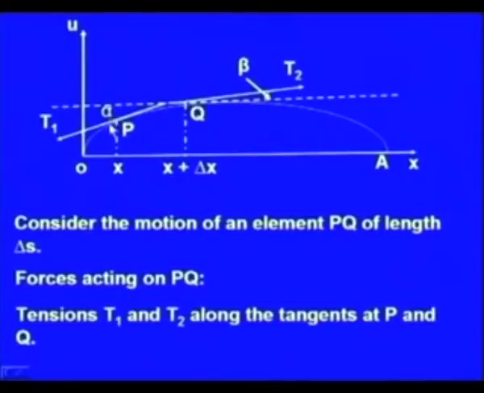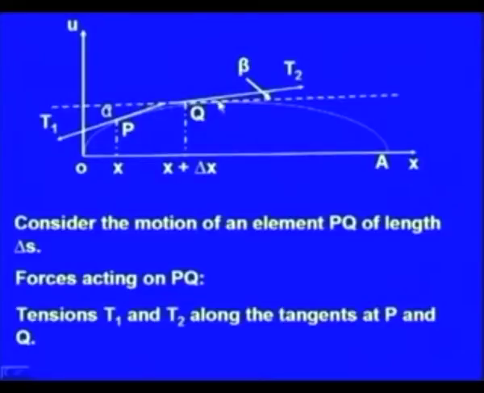The horizontal component of the force T1 will be T1 cos α, and the horizontal component of the force T2 will be T2 cos β. So, we shall have T1 cos α equal to T2 cos β, because there is no movement along the horizontal direction. In the vertical direction there is a movement only in the transverse direction of the elastic string.